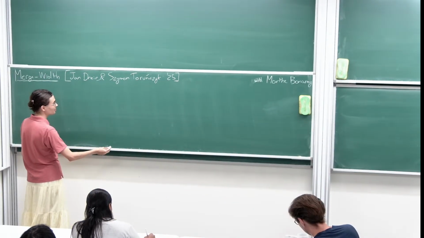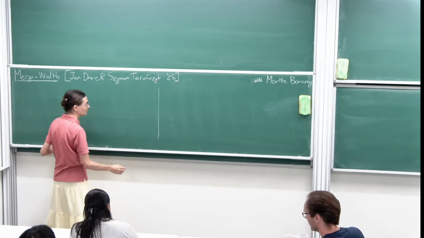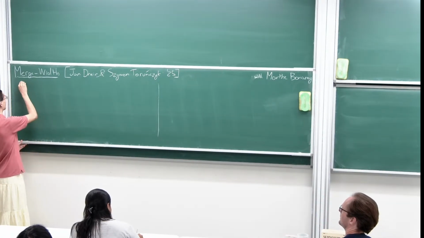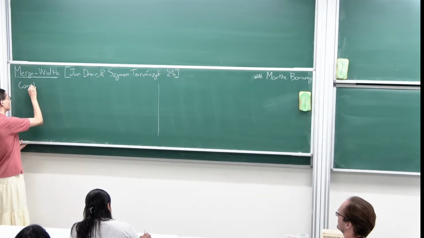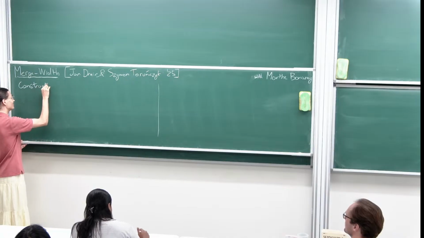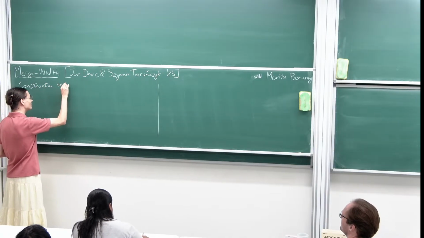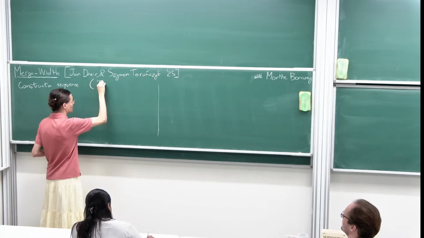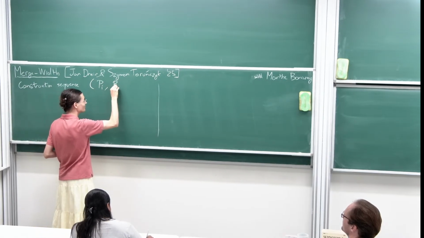So what I'm going to do is describe some process to construct a graph. This is what is called a construction sequence. It consists of a sequence of two things.